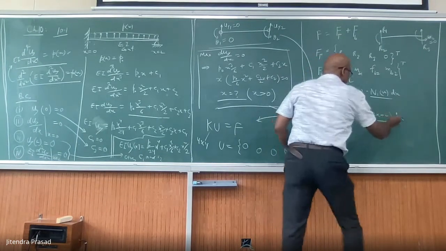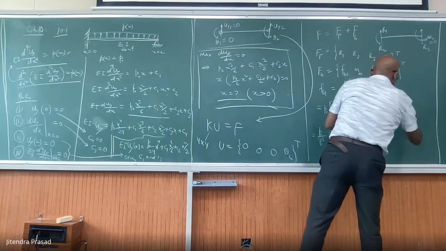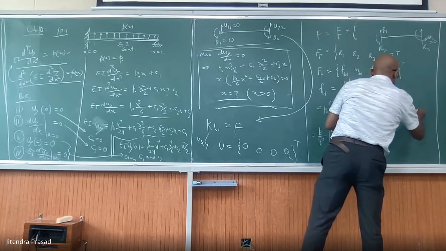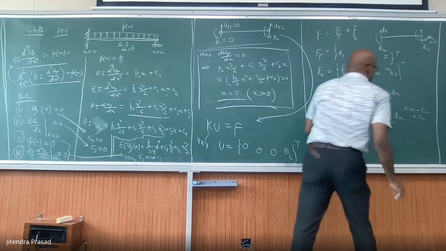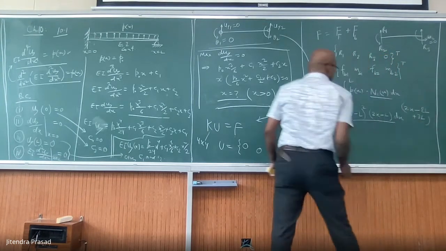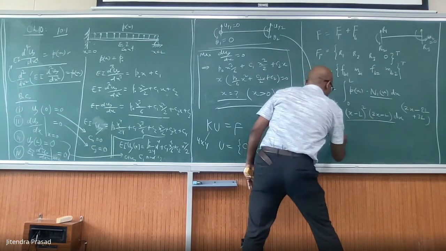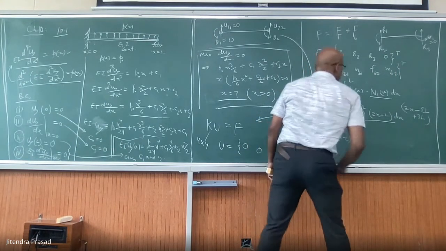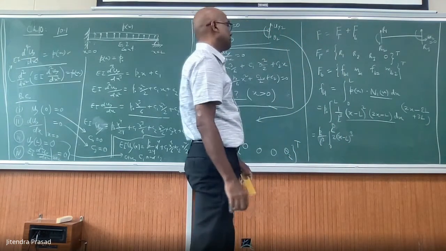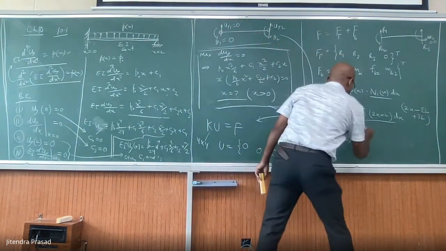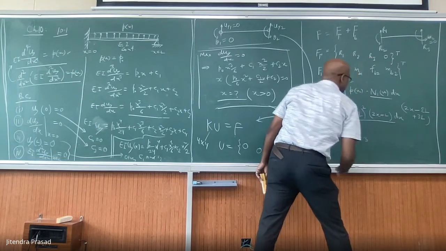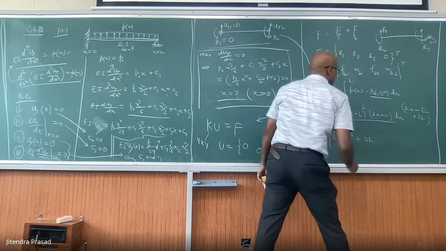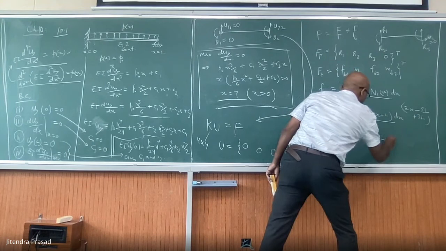Here this will be 2x plus L equal to 2x minus 2L plus 3L. Okay, so we write like this one, so that we have x minus L cube of it multiplied by 2, right, plus 3L x minus L, right?